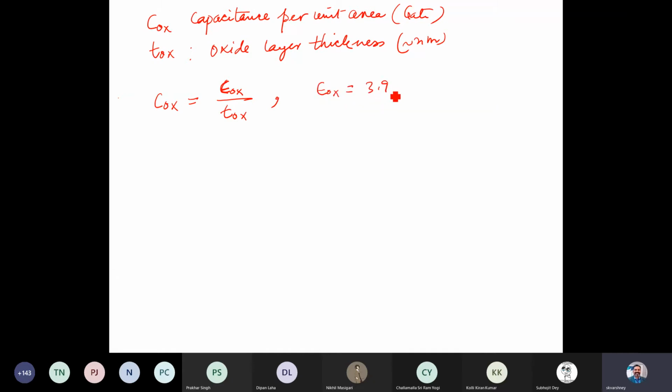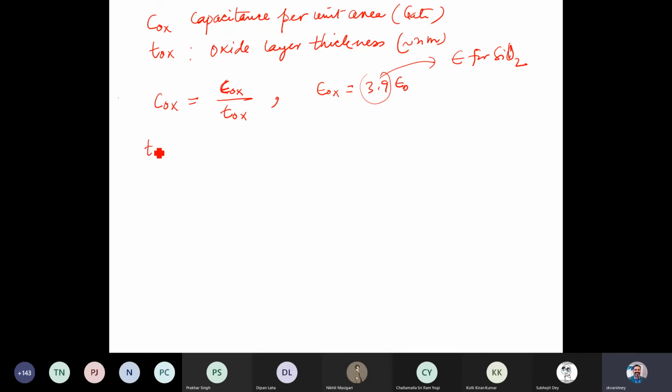This is 3.9 epsilon 0, where epsilon 0 is the permittivity of free space, and 3.9 is the dielectric constant for silica, SiO2. Right, so we can estimate this.